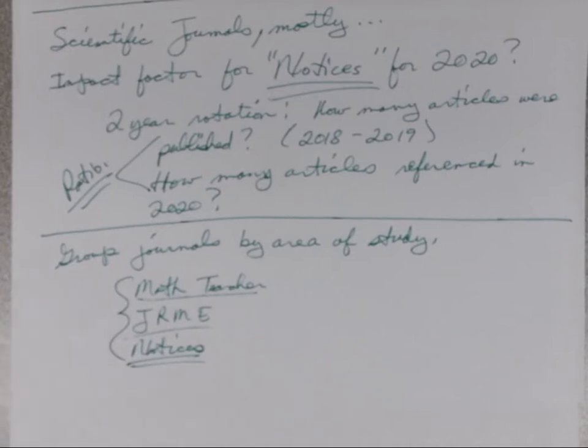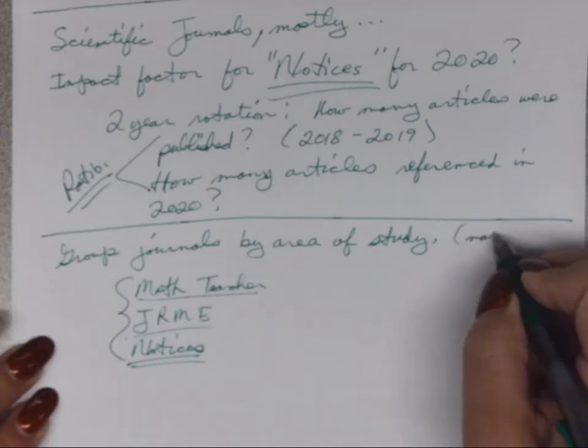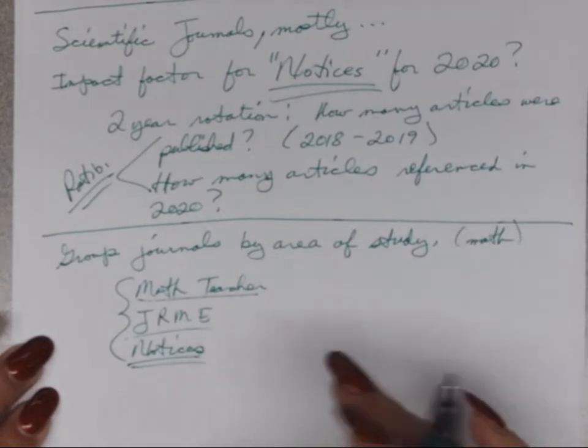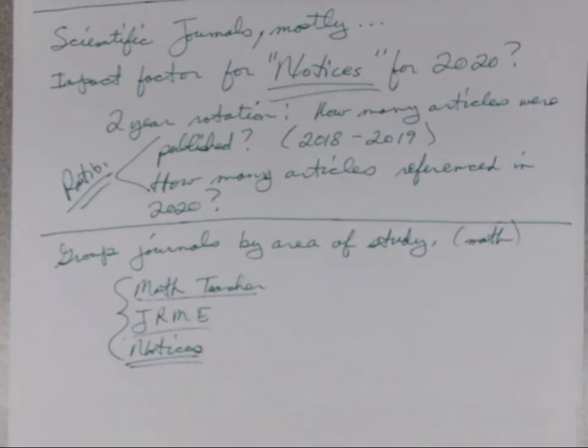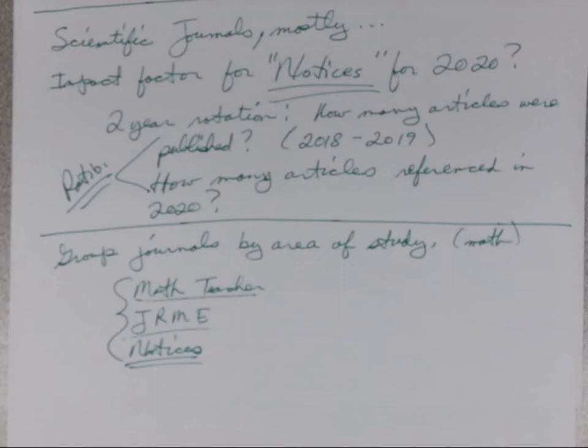But just for funsies, let's just say that we are comparing between those three, and those are all journals in the same basic area of study, which is math. Then if the Notices had a 5 and JRME only had a 3.5, then we can say, okay, the Notices has a higher impact factor than JRME. But it's got to be comparative, if that makes sense.